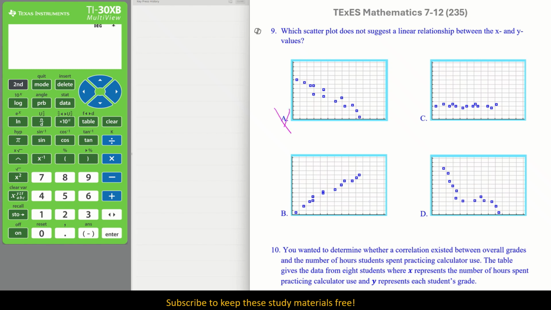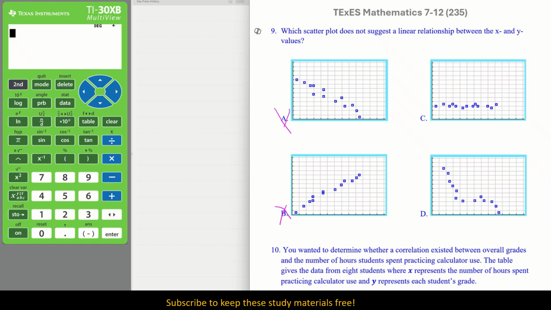C, well, no, let's look at B first. That's obviously close to a perfect positive correlation, so B won't work. Now, C, just because it would be a horizontal line that would give a best fit, which is close to no slope, as you see from our examples in our prior videos.